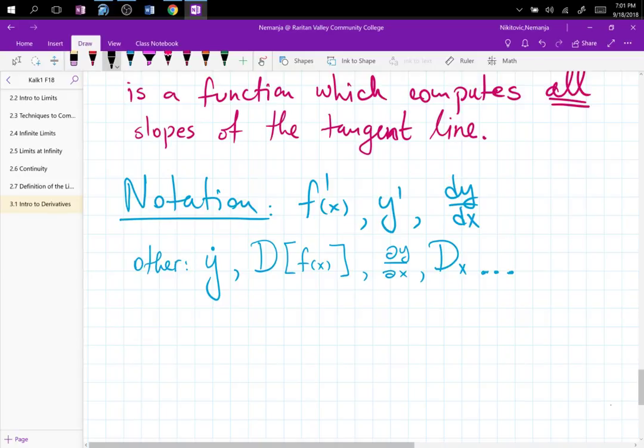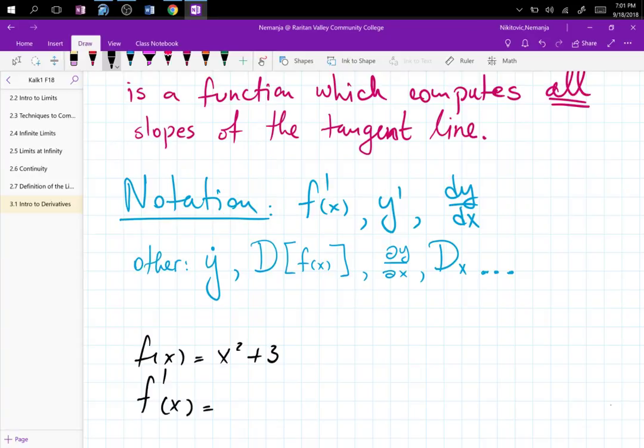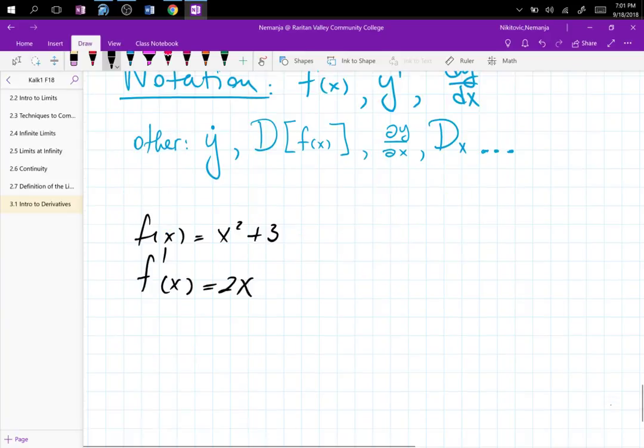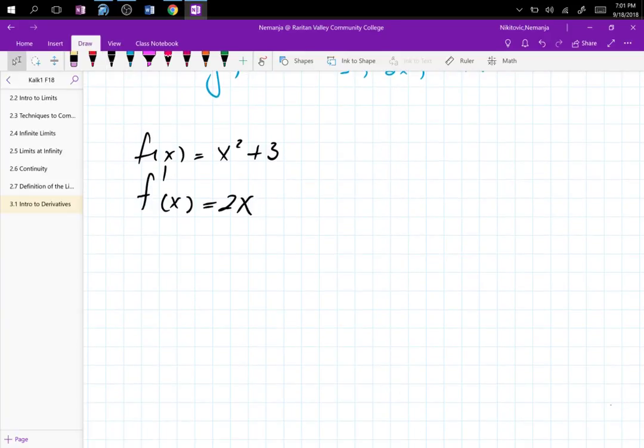And we just learned that for the function f of x equal x squared plus 3, the derivative of that function is 2x. Observe the way I write this. The line for the function, a new line for the derivative. It says the function is x squared plus 3. The derivative is 2x. So don't play with fire and put over here equal 2x.